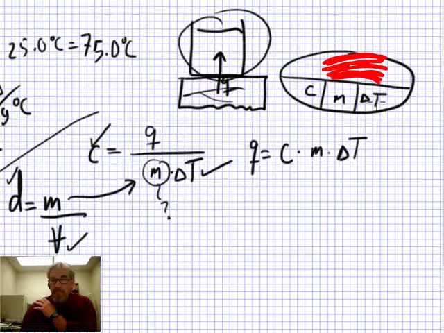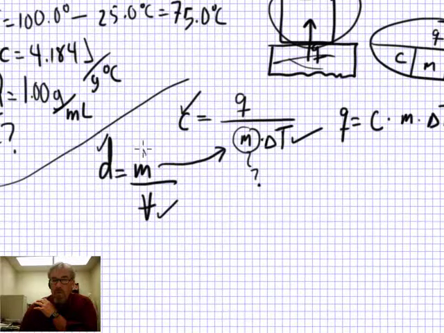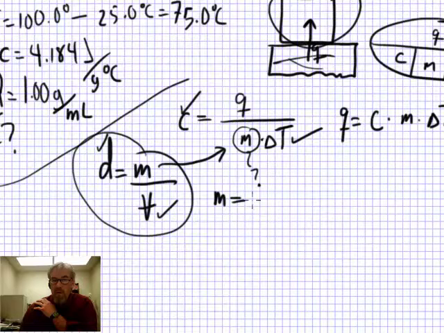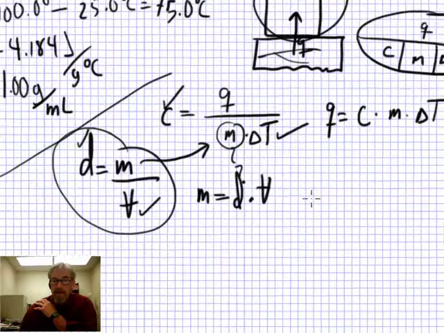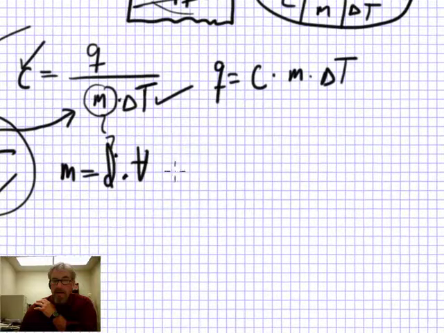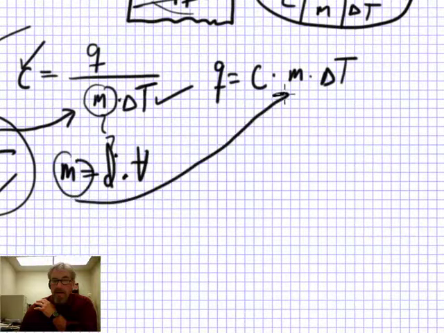Cover up Q and it tells me what to do. C times M times delta T. So I'm going to do some algebra on this thing to find out how to get M from the two terms that I have. And I solve for M by multiplying both sides times V, and density times volume is my mass. So here's my plan. Take my density and volume and get mass. Then I plug my mass in here and I get Q, and I'm done.